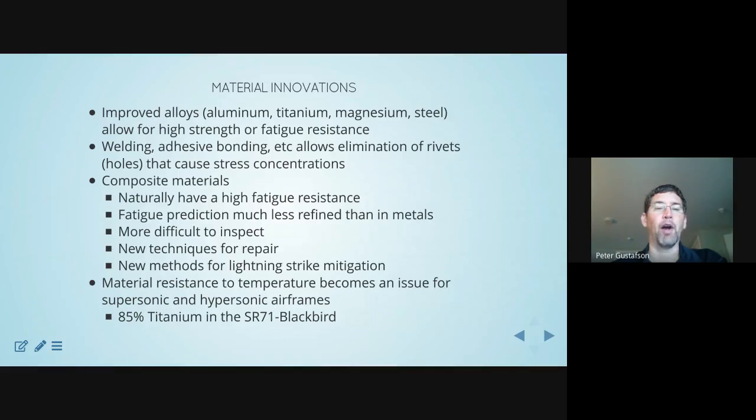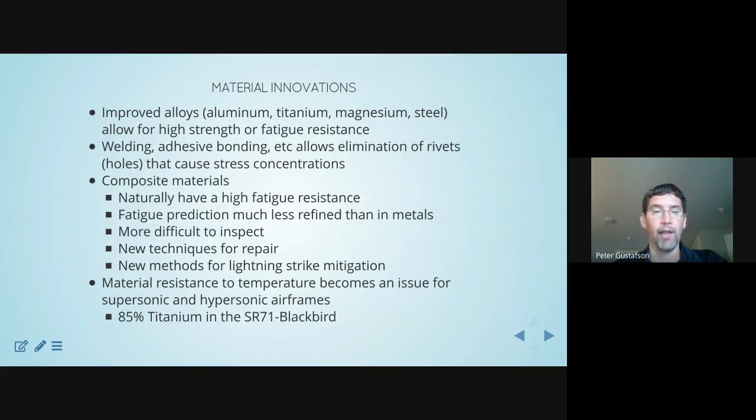We've gotten better at welding. We've gotten much better at adhesive bonding over the last 2 or 3 decades. And in both cases, what we're doing is eliminating rivets and other fasteners that can cause stress concentrations and points of failure. In a modern composite aircraft, there's a lot of adhesives, and there's not nearly as many parts as a result.